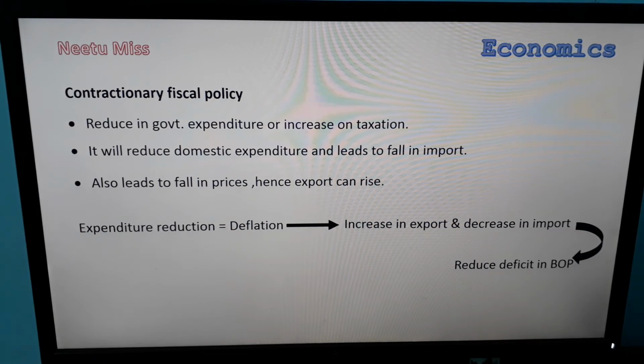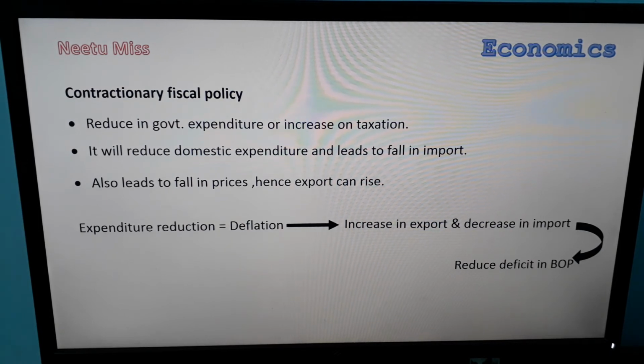In short, expenditure reducing policy means deflation. Deflation means deliberately reducing prices for a short time. So it will create a situation of deflation. Because of that, export will increase, import will decrease, and ultimately it will reduce our deficit in balance of payment.